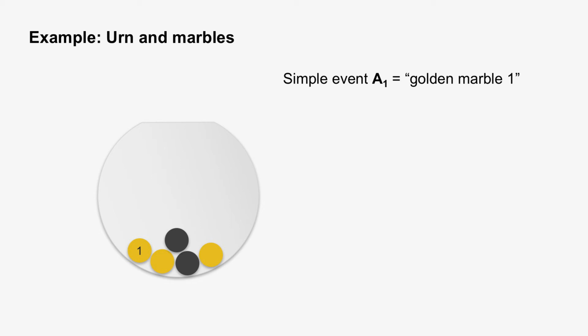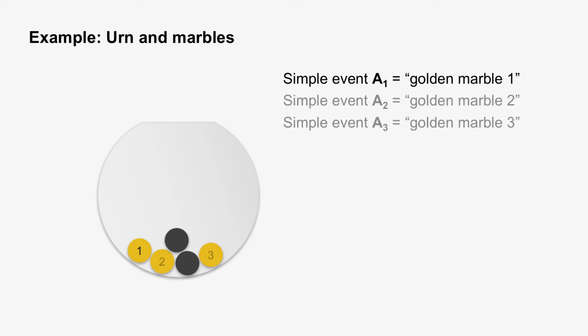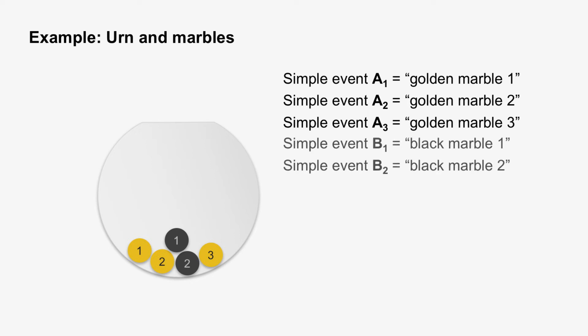A simple event is a single outcome. In the same way, let's define the simple events A2 and A3 as picking golden marble 2 and 3 respectively. For completeness, let's also define the simple events B1 and B2 as picking black marble 1 and 2 respectively.